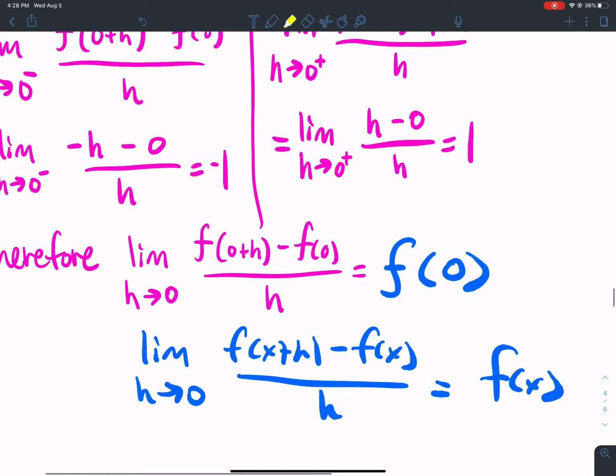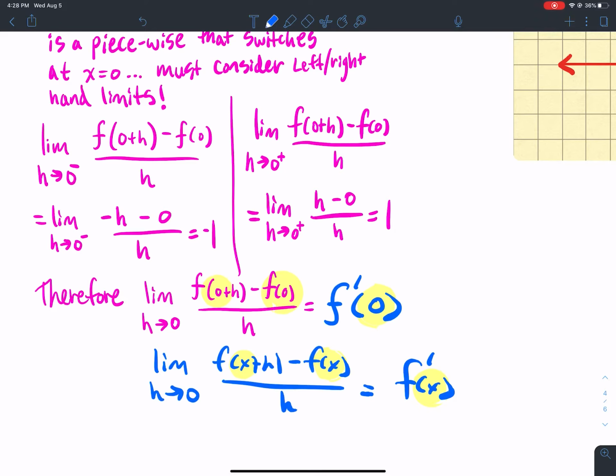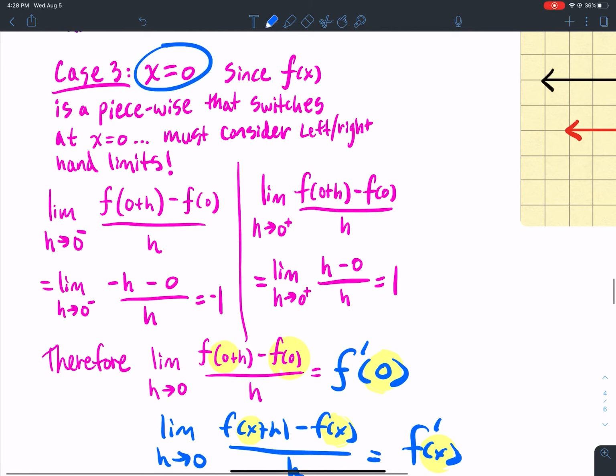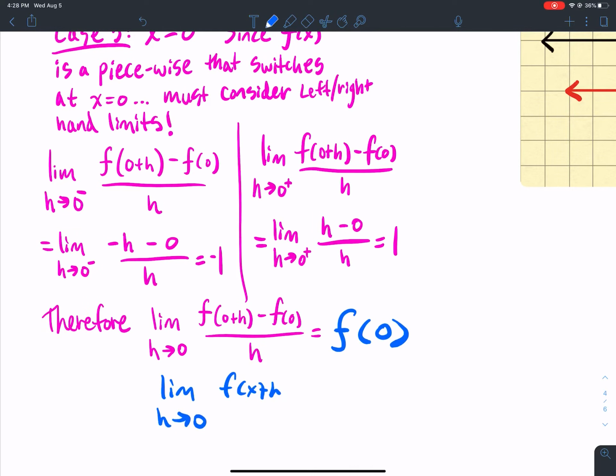You see, we replaced x with 0 here. So that's what we're doing, the derivative at a point. That's the definition of the derivative at a point, right? We're only considering one point, x equal to 0. Just want to make sure we're on the same page here. There's a nuance of a difference, but there is a difference.